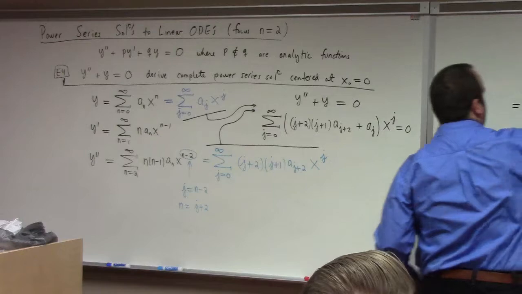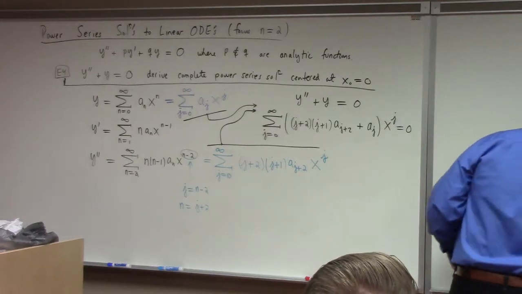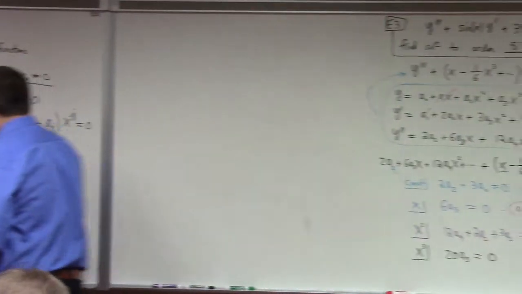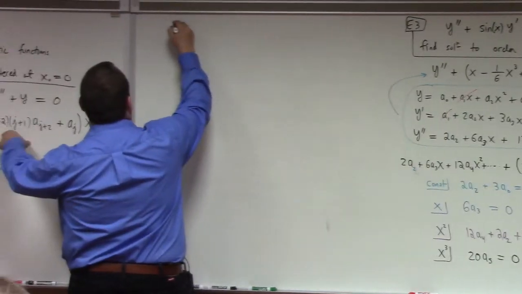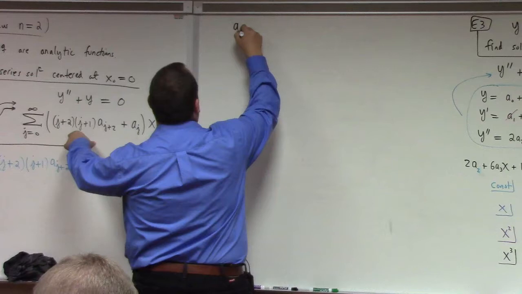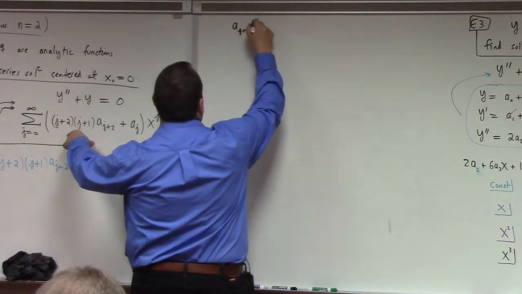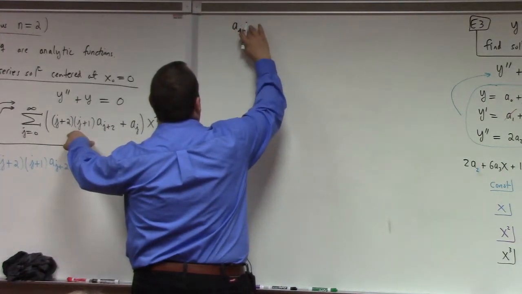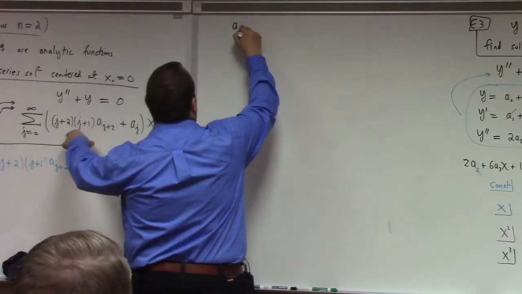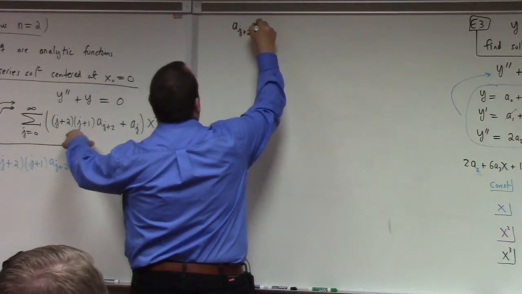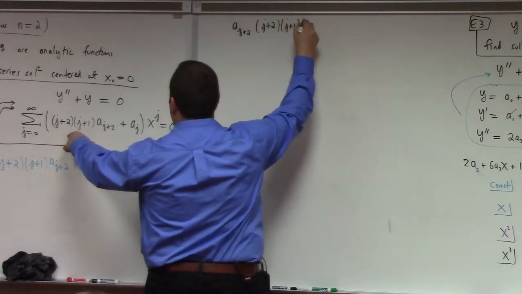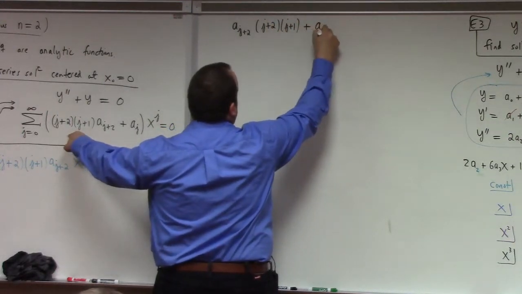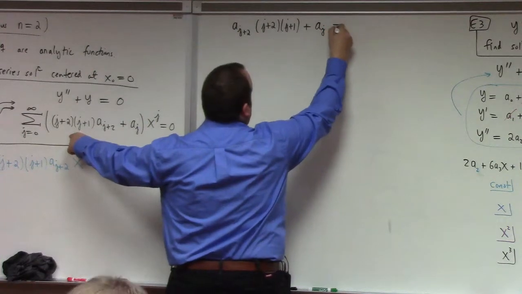But I'll do one more sort of meta step, if you will. So what we get then is that a sub j plus 2 times j plus 2 times j plus 1 plus a sub j equals 0.